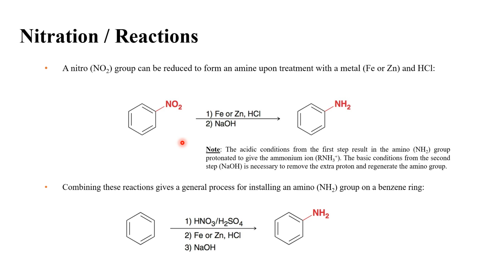Now, the other thing that you need to take note of is when you get the nitro group on a benzene and you perform a nitration, you can actually reduce this NO2 down to an NH2. And you're probably wondering, why do we care about that? Why do we want to reduce this? You guys will see in a little bit why this is an important reaction.